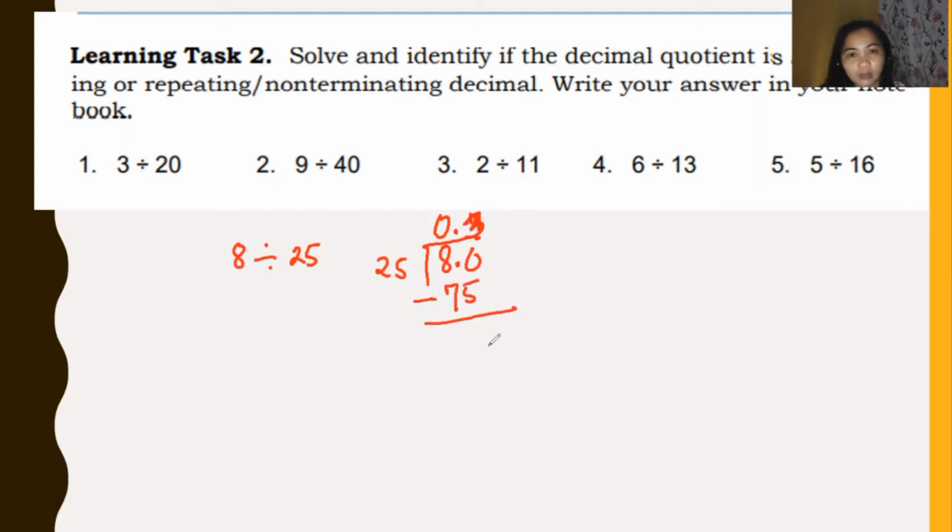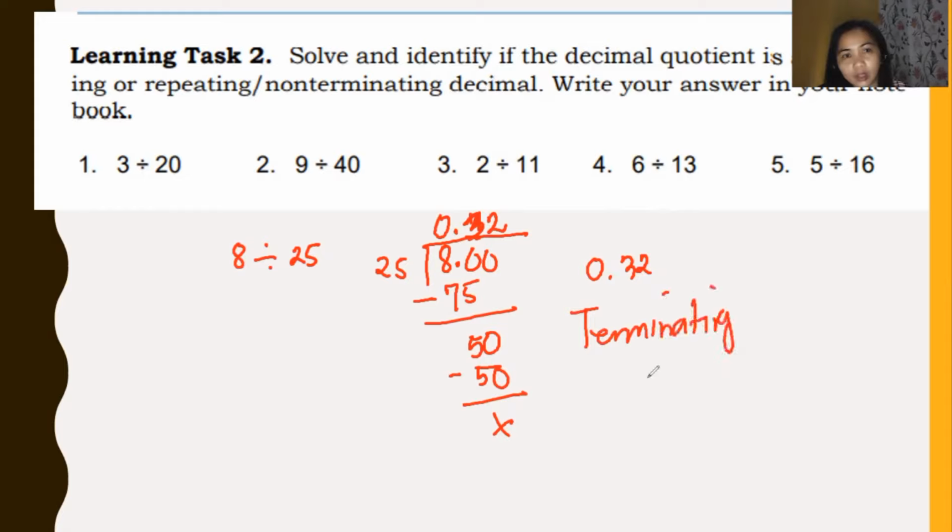Subtract 80 minus 75 is 5. Add another 0. Bring down 0. 50 divided by 25 is 2. 2 times 25 is 50. So the answer is 0.32 or 32 hundredths. Therefore, this is a terminating decimal.